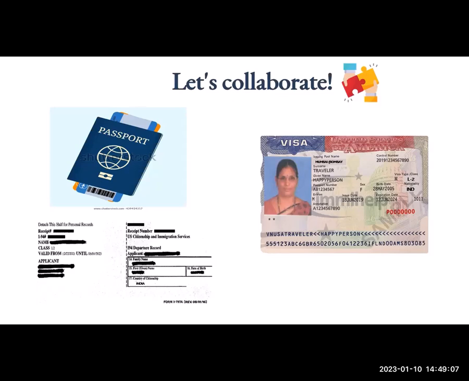We're going to go through this in a lot more detail in the next section, and I think this is going to help a lot of you. Here you have to take the foreign passport and the I-94.